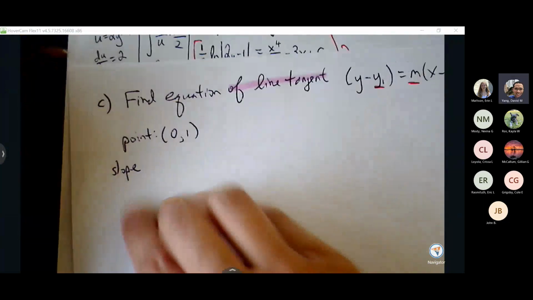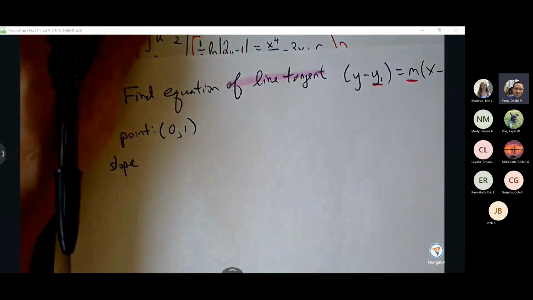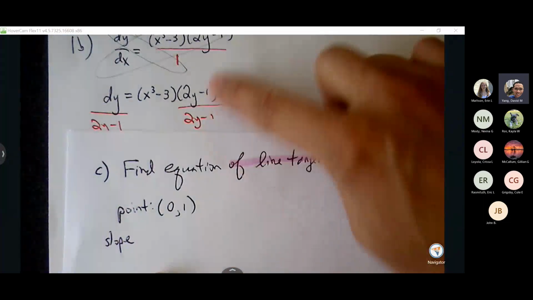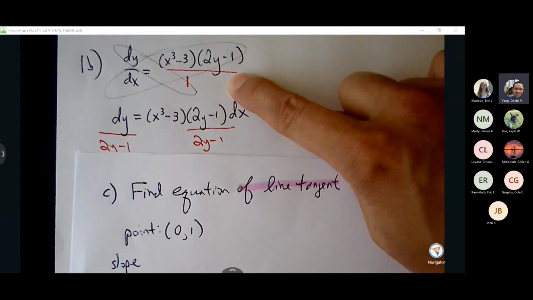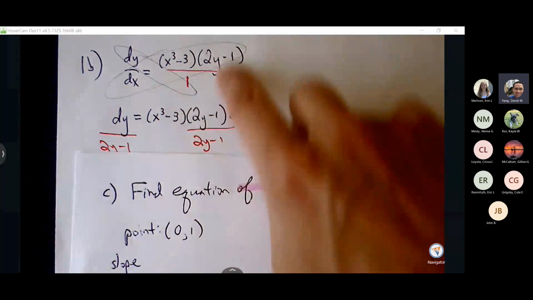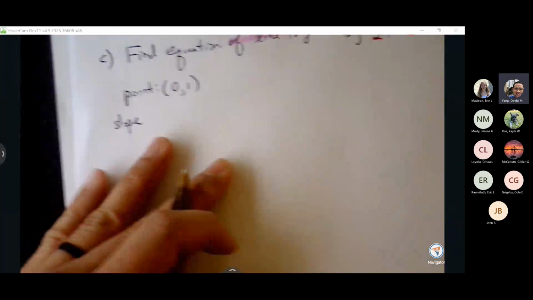Slope comes from your derivative equation. Your derivative equation is your differential equation. So we just plug that 0, 1 into this derivative and get that slope.